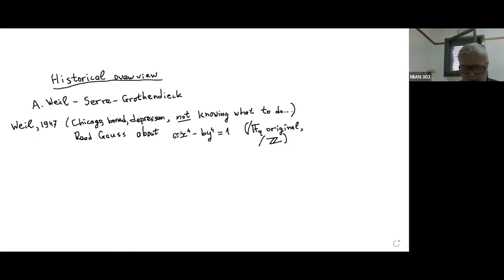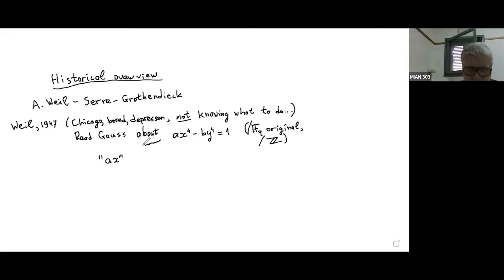So Weil generalized it a bit and studied the equations in homogeneous coordinates, like I'm writing now.